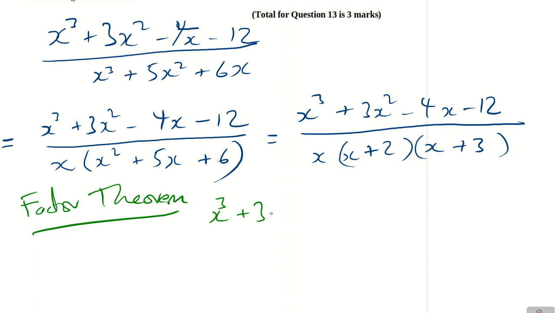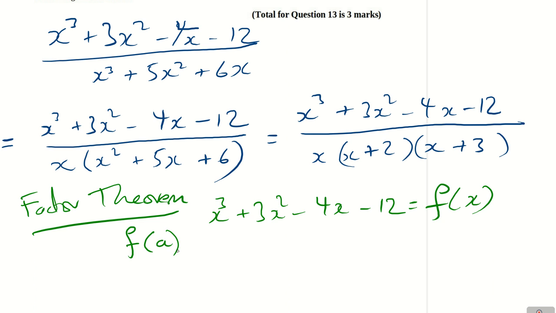Let me write it again: x cubed plus 3x squared minus 4x minus 12. Let's call that a function of x. If I can find a value of x that when I substitute it into this expression gives the answer 0, then that tells me that x minus a is a factor.